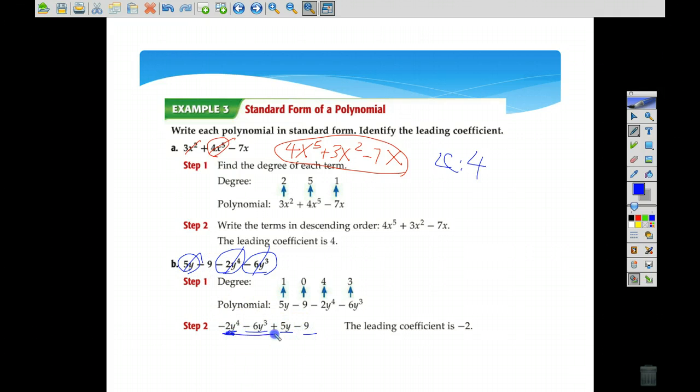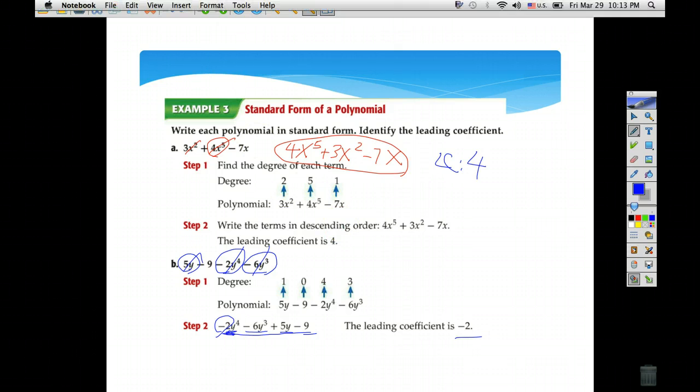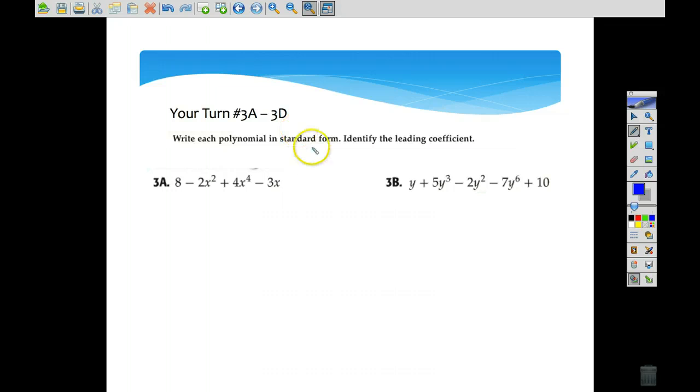So here you have your standard form, and the leading coefficient is negative 2. Okay. So here's your turn, 3a and 3b, not 3d. Only two. Write each polynomial in standard form and identify its leading coefficient.